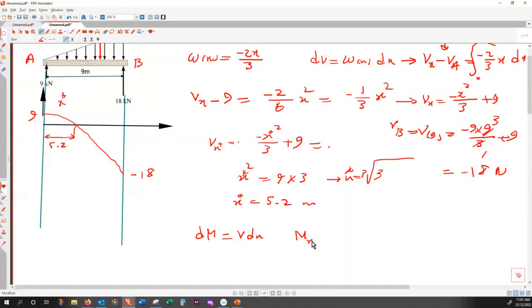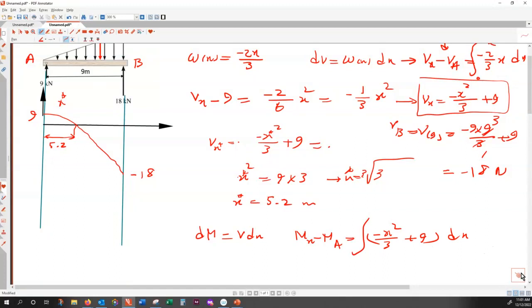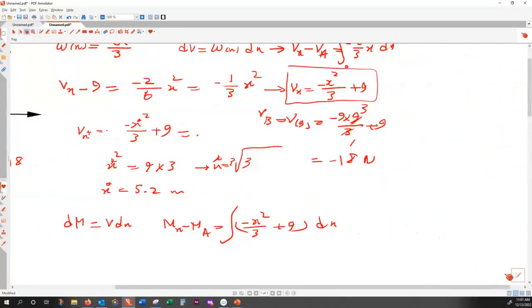So M of x minus M of a is the integral of V of x. We had V of x here, so let's take this integral. This integral is equal to minus x cubed over 9 plus 9x.